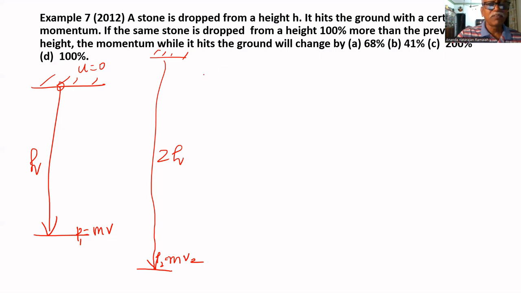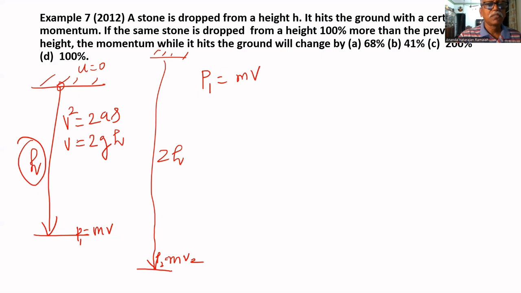We know momentum p1 equals mass into velocity. Here h is given, u equals 0. Therefore v squared equals 2as, with a equal to g and s equal to h, so v equals square root of 2gh.